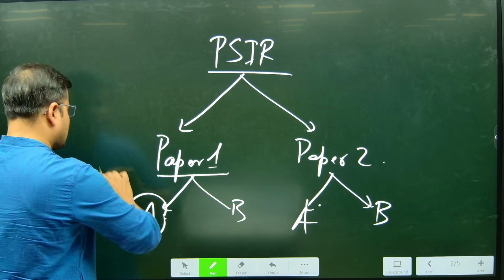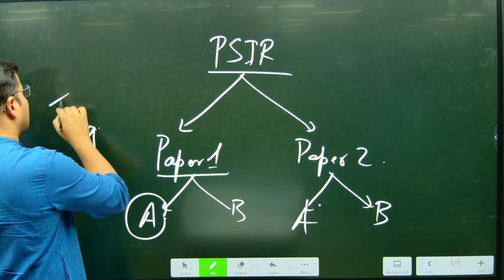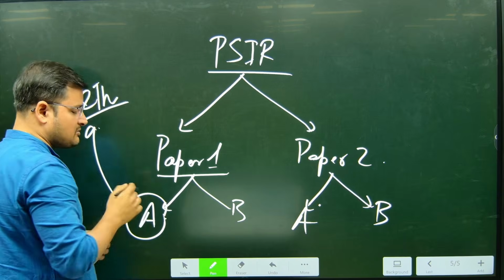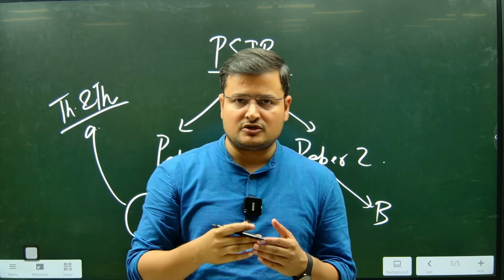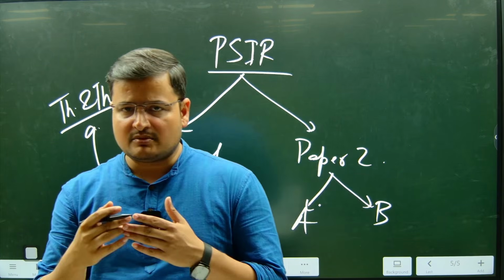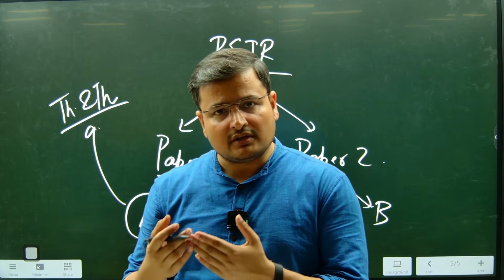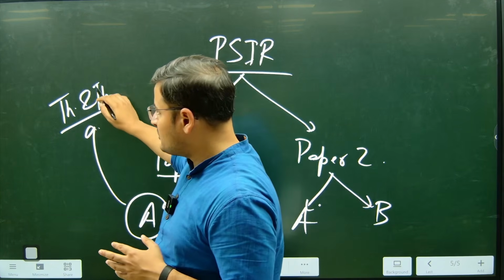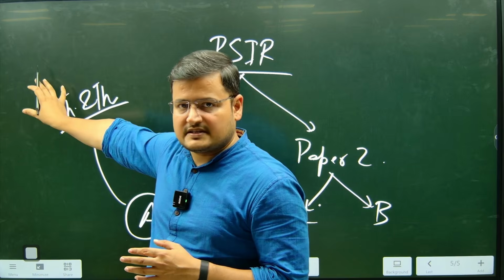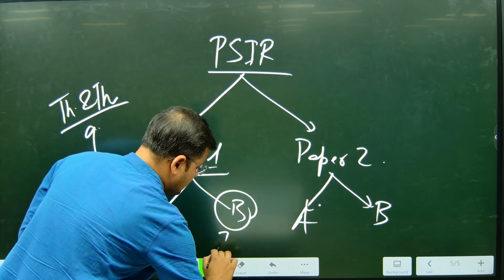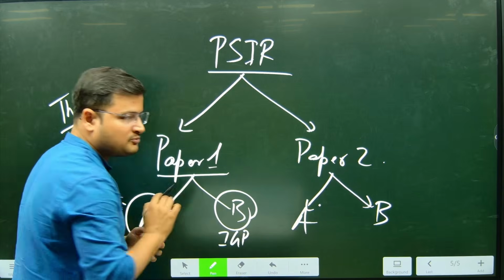Paper 1 section A is basically about theory and thought. That means Western political thought, Indian political thought, democracy, rights, ideologies, equality, political theory. All that we are going to discuss in this section. Paper 1 section B is Indian government and politics.